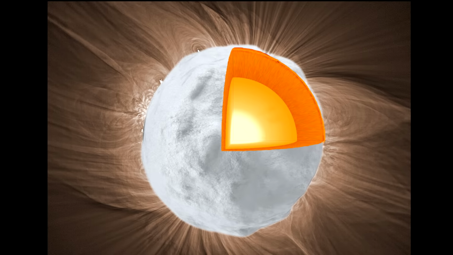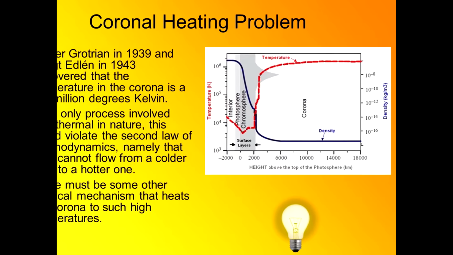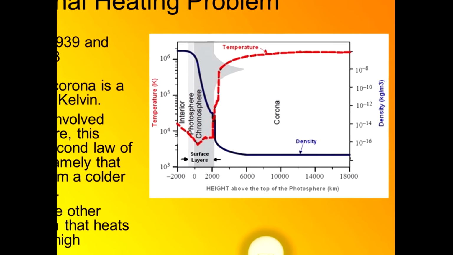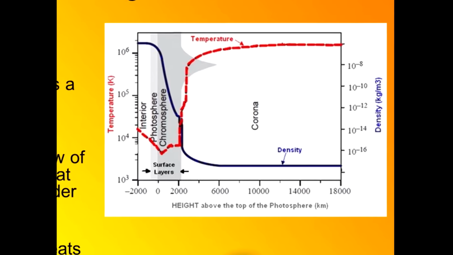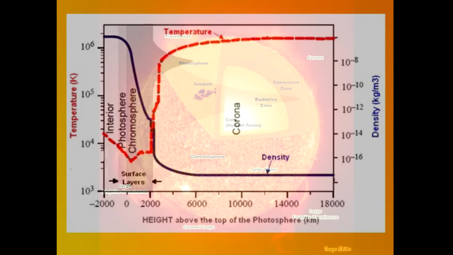Exceedingly high temperatures, with a snowball shell sandwiched in between. According to the laws of thermodynamics, that's one hell of a problem. You can't pass heat from a hot core through a cool photosphere and then have it heat up again once it reaches the corona. Can't be done.